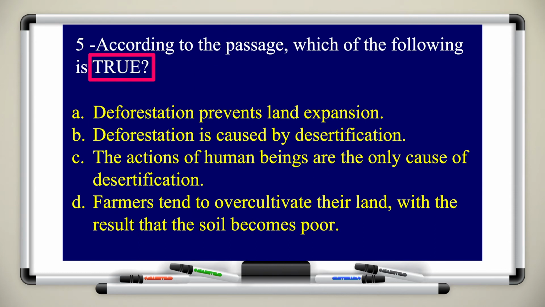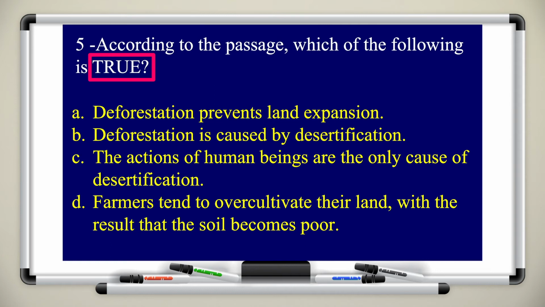Question 5. According to the passage, which of the following is true? A. Deforestation prevents land expansion. B. Deforestation is caused by desertification. C. The actions of human beings are the only cause of desertification. And D. Farmers tend to over-cultivate their land with the result that the soil becomes poor.